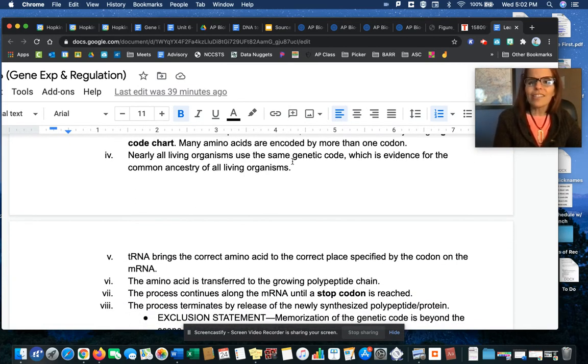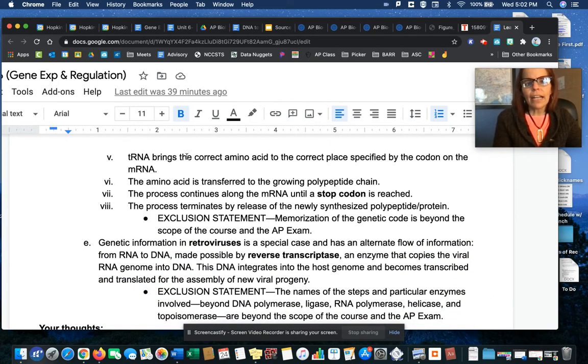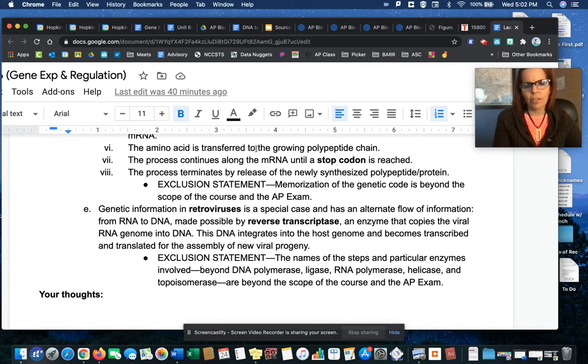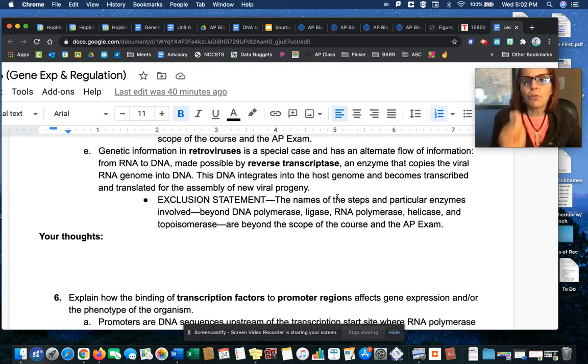Nearly all living organisms use the same genetic code, which is evidence for the common ancestry of living organisms. So that's evidence for evolution. tRNA brings the correct amino acid to the correct place. The amino acid is transferred to the growing polypeptide chain, and the process continues along the mRNA until a stop codon is reached.